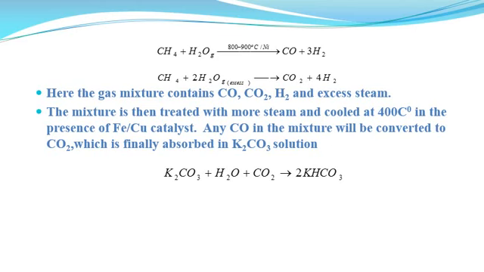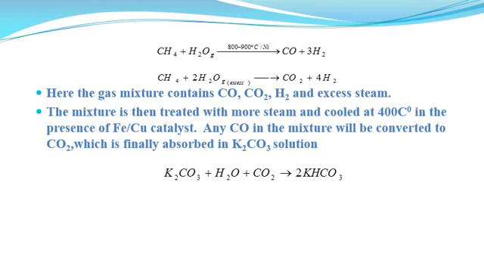The light gases, when ignited in excess steam, will give carbon dioxide and hydrogen, and again we can separate carbon dioxide from hydrogen by passing the mixture through a water body.